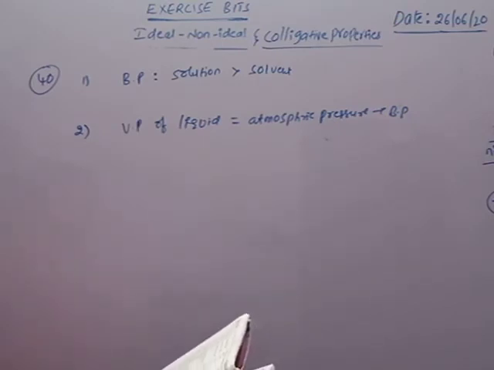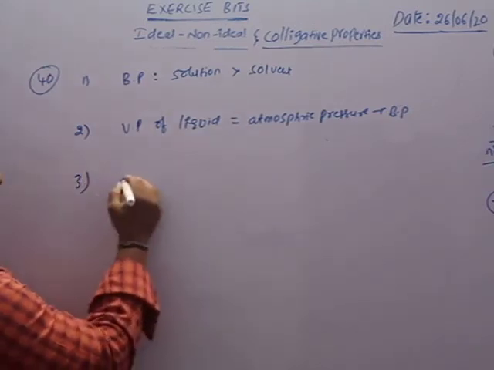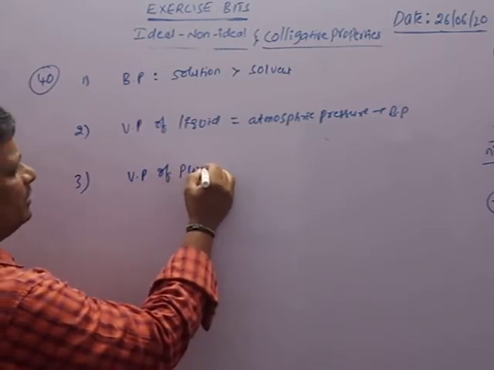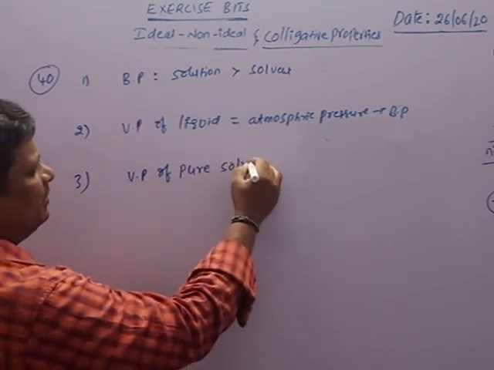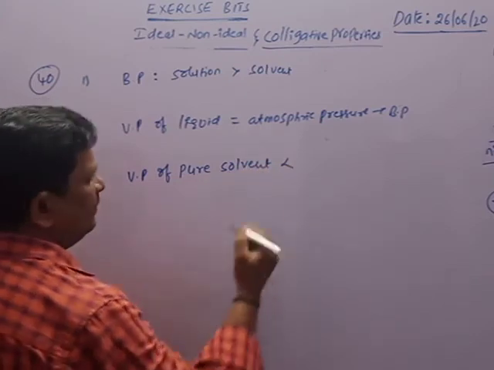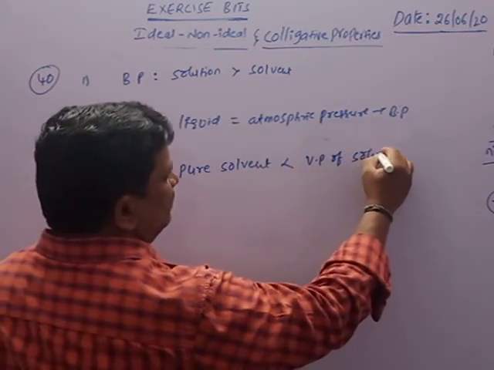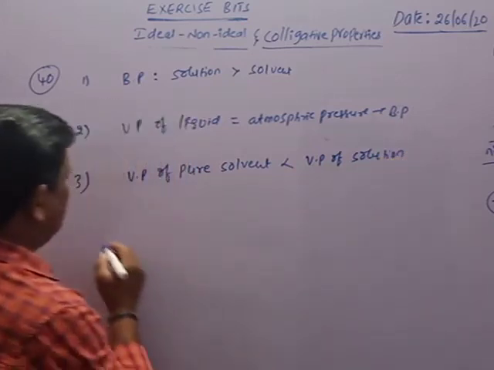Now the third option: the vapor pressure of the pure solvent is less than the vapor pressure of the solution. That is the third statement.